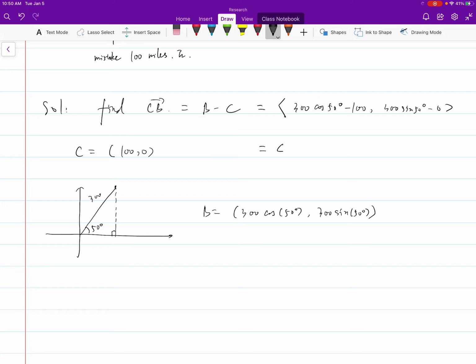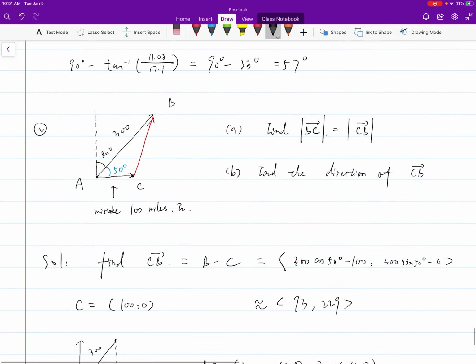And it's not hard to do with the calculator, so let's do it. 193. Hold on, 93, because I need to minus 100. 300 times sine 50 degree. That's 229.